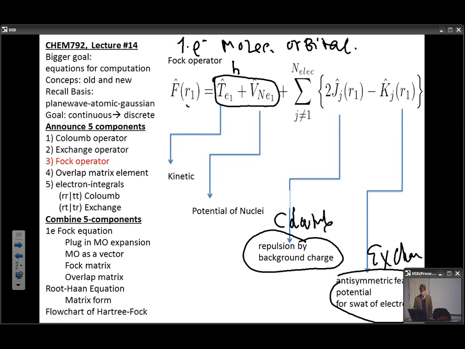It is a one-electron operator. And the main achievement of Hartree and Fock was that they established the understanding that an eigenstate of such an operator is the best possible building block to form a Slater determinant.